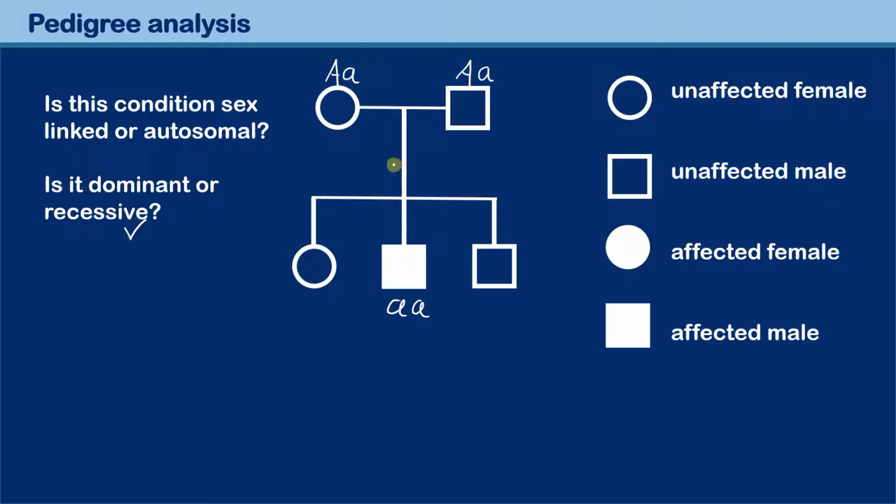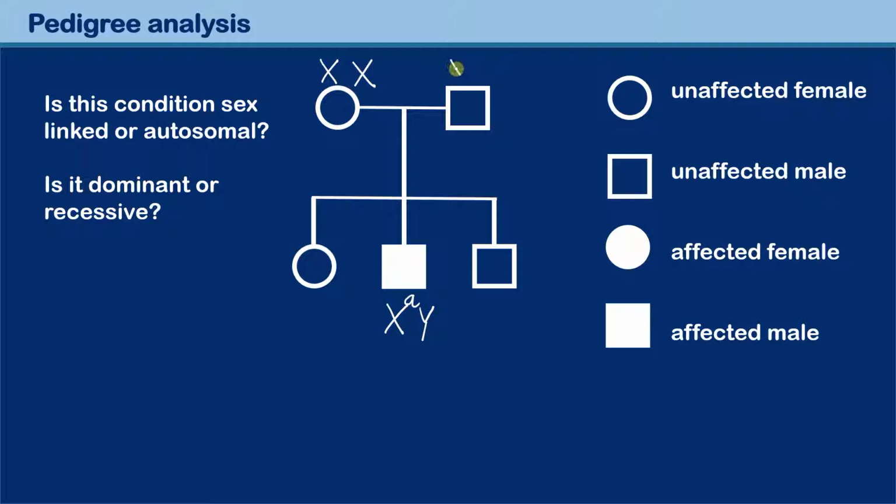And as a matter of fact, it is possible, theoretically. If it's sex-linked, then we know this must be a boy, so has XY. The boy is affected, has a lowercase a over here. Both parents are not affected. This is the mother, must have XX.